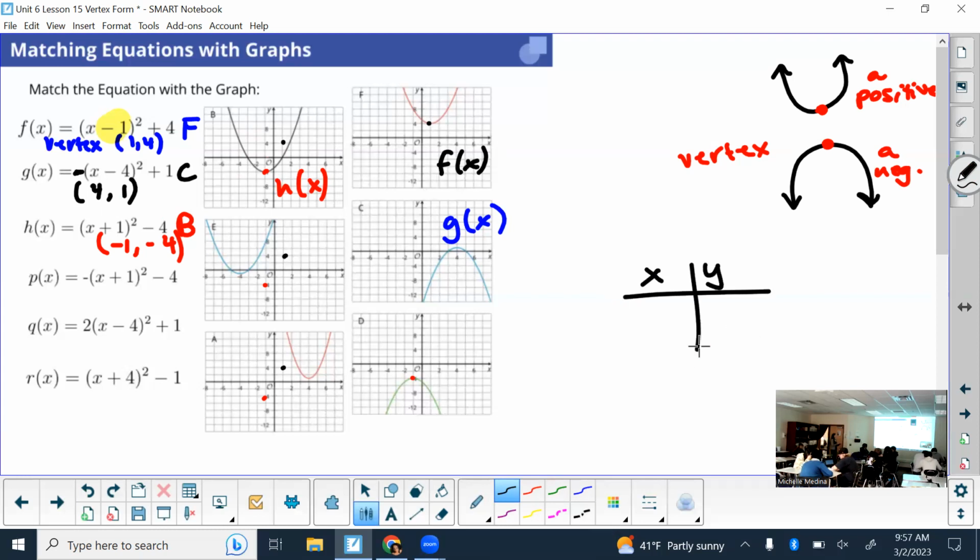I think the best way to figure it out if you're really close between two options is to make a table. Since the vertex is the middle of my U, I would put that toward the middle of my table. And the X's you can always pick. I would want numbers around my vertex.